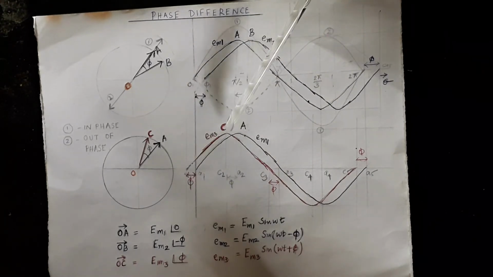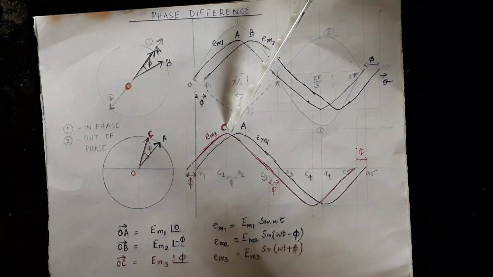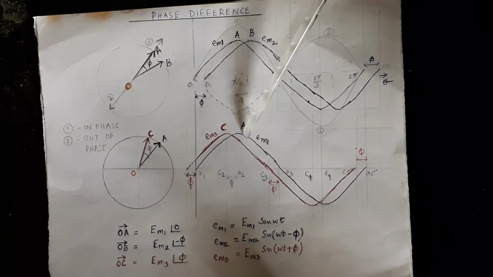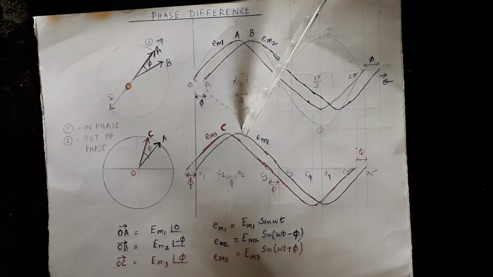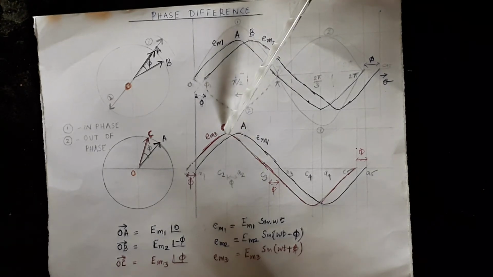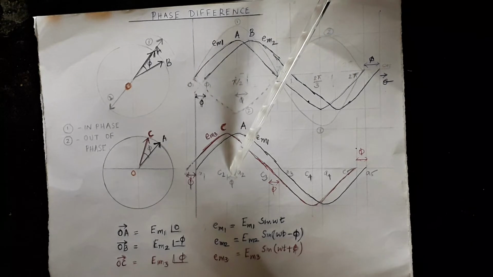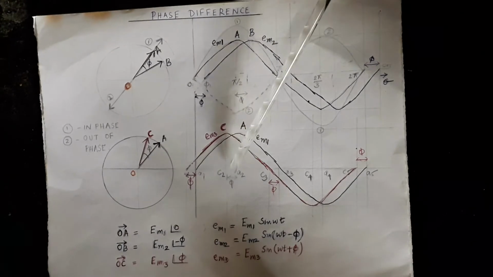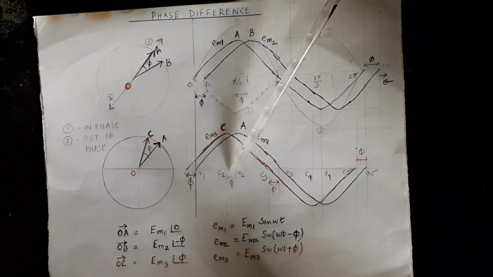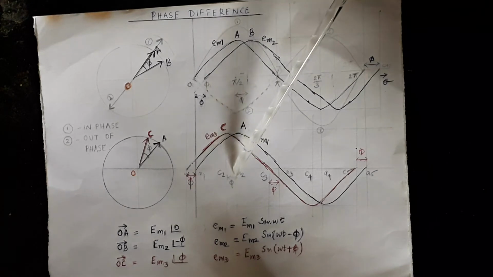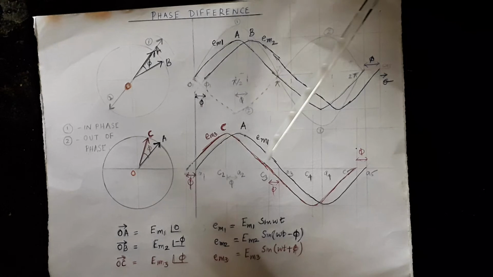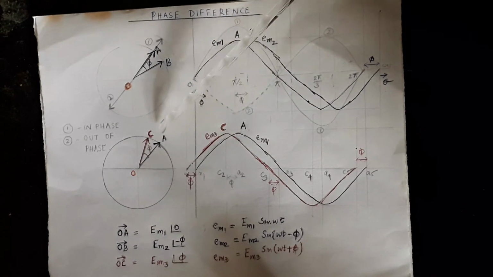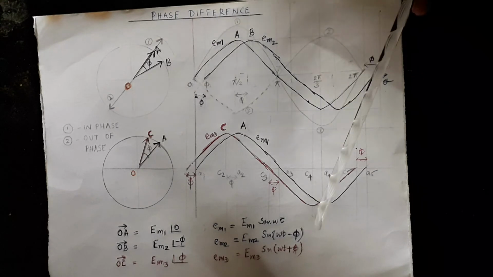At theta equal to pi by 2, e1 reaches its maximum value, whereas e3 reaches its maximum value before that, that is, at pi by 2 minus phi. So e3 leads e1 by an angle of phi radians.